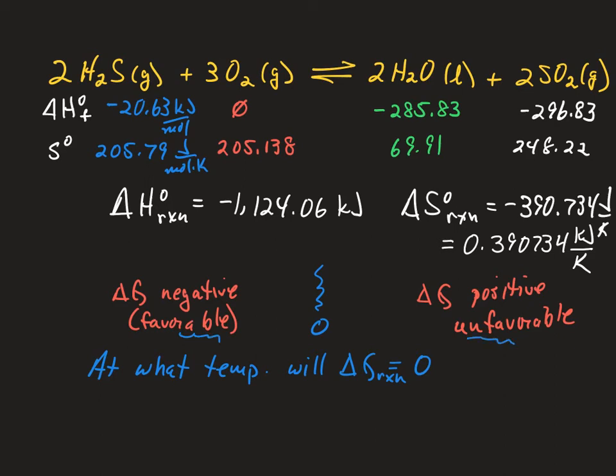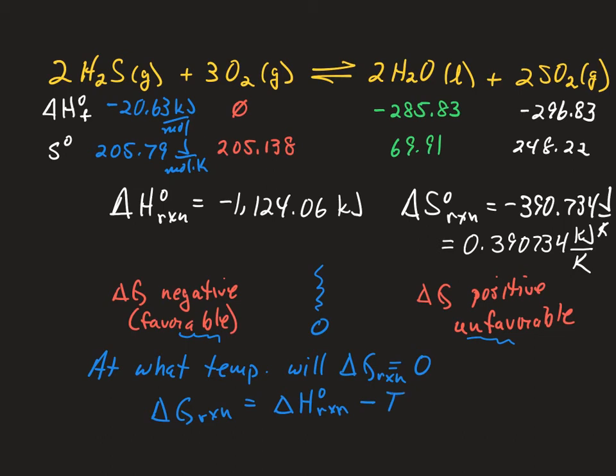So we can set up our equation. We've got our delta G 0, or our delta G for our reaction. In this case, we're going to use our delta H 0 for the reaction as an estimate at any temperature because it doesn't change much with temperature, minus temperature.